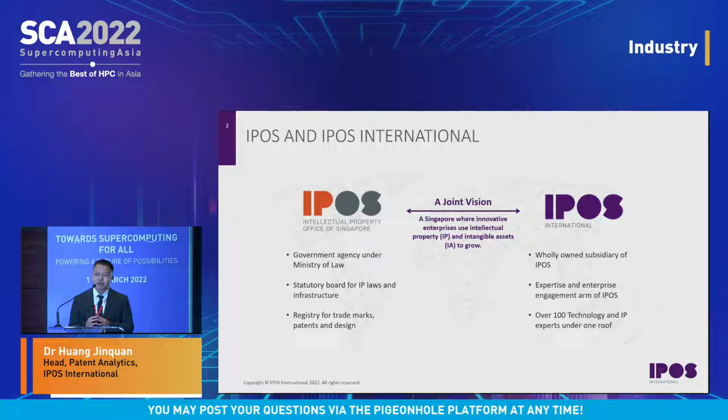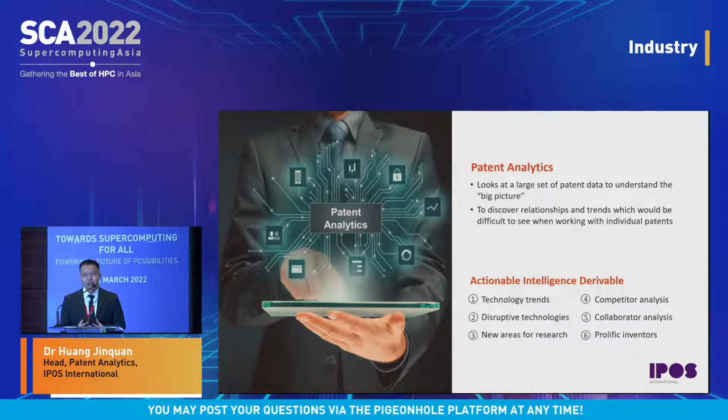Specifically for my team, we work very closely with government agencies and organizations. We provide them with data-supported, evidence-based recommendations to help them shape their R&D directions and business strategies. What we specialize in is called patent analytics. Many of you would know that patents are a form of IP that companies seek to protect their inventions.